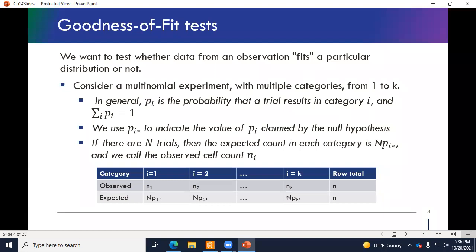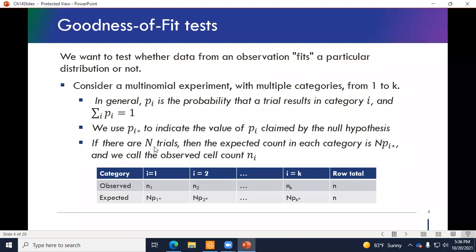Right, exactly. And we use pi star to indicate the value of p_i claimed by the null hypothesis. It's just like previously, when we did hypothesis testing and had mu equal to mu 0. So this pi star plays the role of that mu 0.